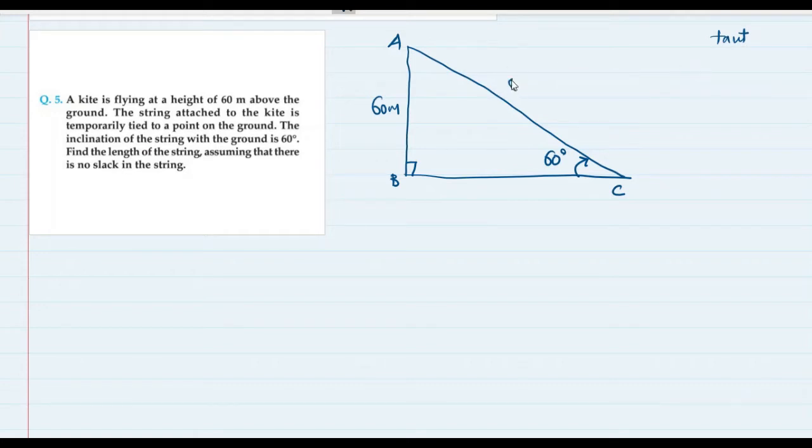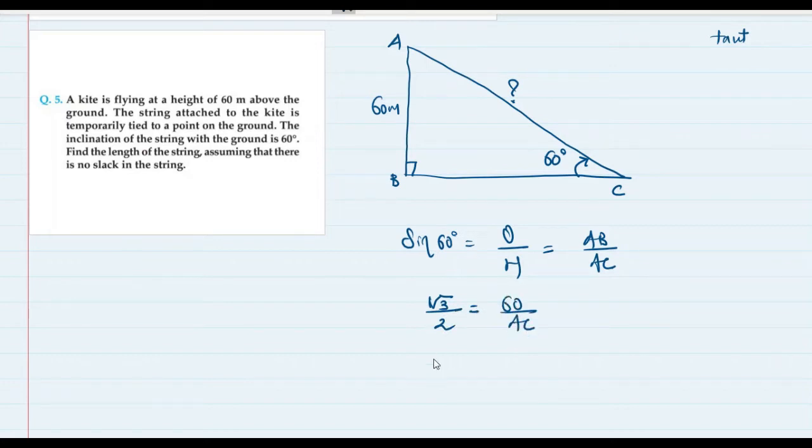So you have to find the length of the string, that is AC, that is the hypotenuse. So what is the relation between hypotenuse and opposite? Of course, sine of 60 degree is equal to opposite upon hypotenuse, which is AB upon AC. Sine 60 is root 3 by 2, which is equal to AB by AC.